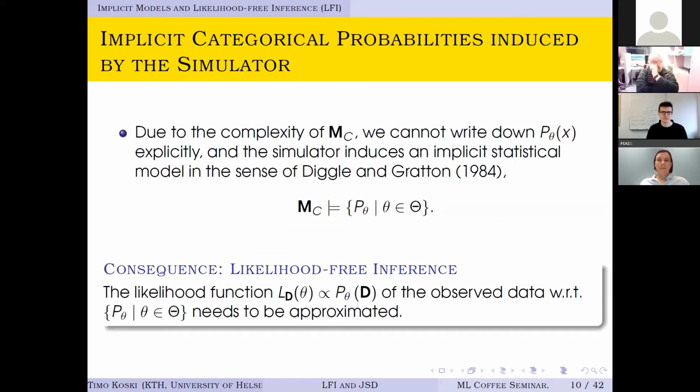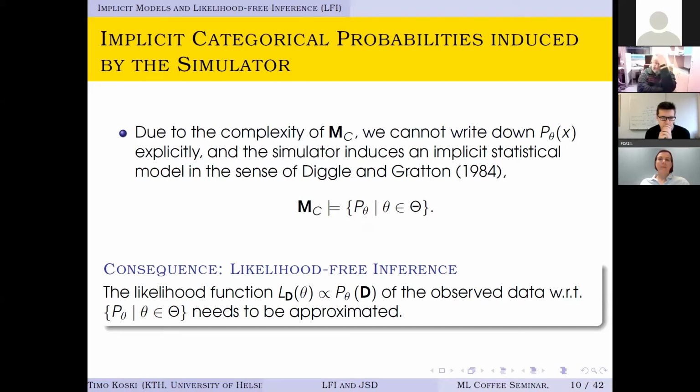Because this is a complex thing, this model, you cannot write it down. I mean, you know it is there, but you cannot write it down explicitly, and therefore the inference is likelihood free, because you have to find some way of replacing and approximating the likelihood function.